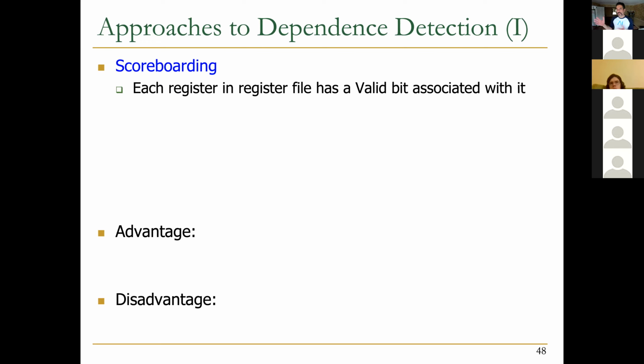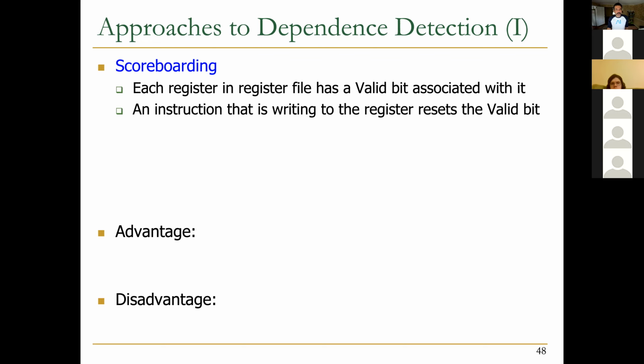The valid bit is a binary value, essentially meaning that we want to indicate whether we can write to this register or not. An instruction that is writing to the register resets the valid bit.